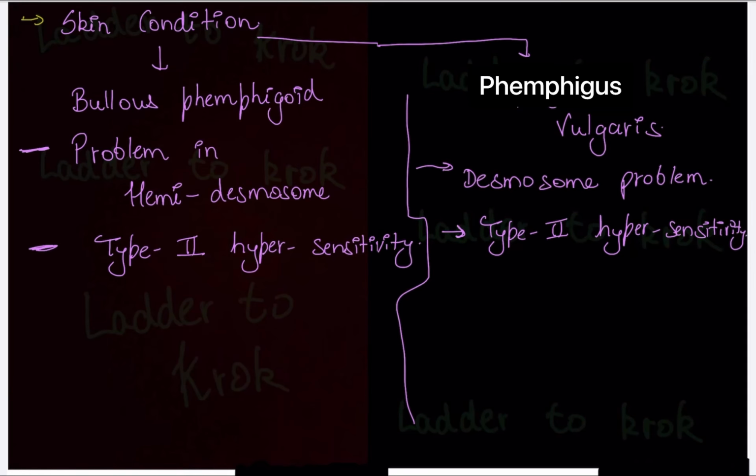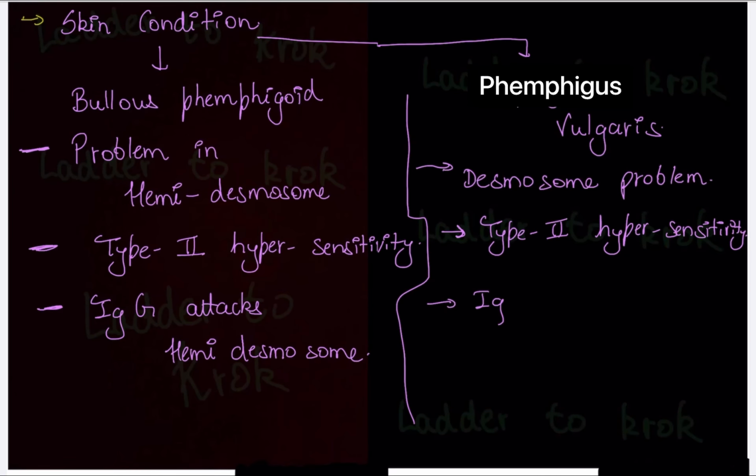Don't worry, we will discuss this type of hypersensitivity in a few videos. In bullous pemphigoid, IgG, our immunoglobulin, attacks hemidesmosomes.